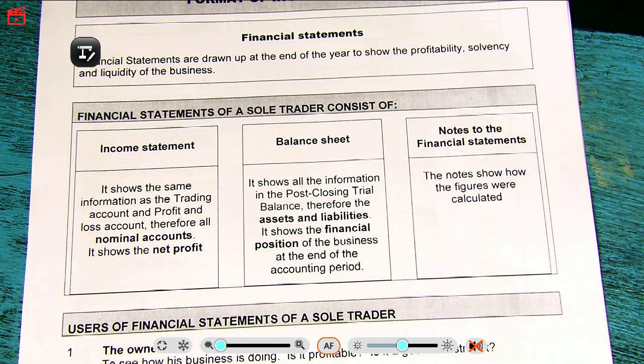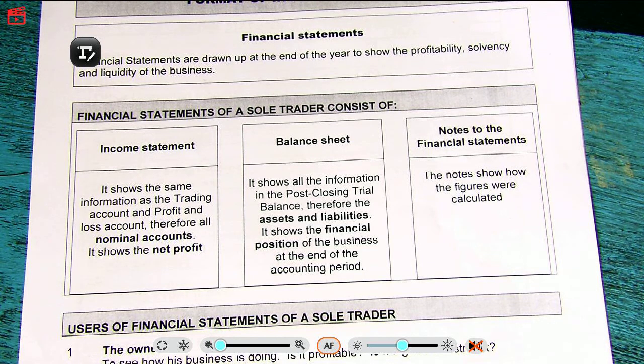So the income statement will show the same information as the trading accounts and profit and loss. Therefore, all nominal accounts show the net profit. We're going to be dealing with nominal accounts in my income statement. Then we have our balance sheet, or our statement of financial position, which shows all the information in the post-closing. Remember, we have trial balance, pre-adjustment, and then post-adjustment. Therefore the assets and liabilities.